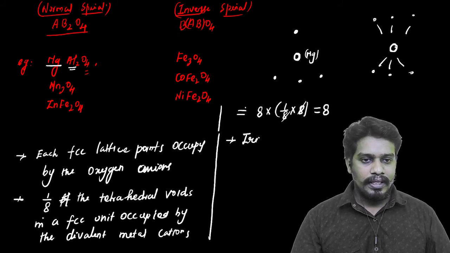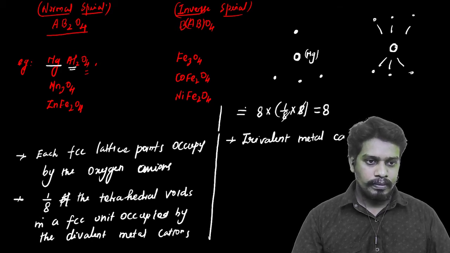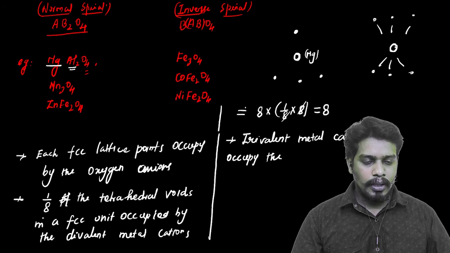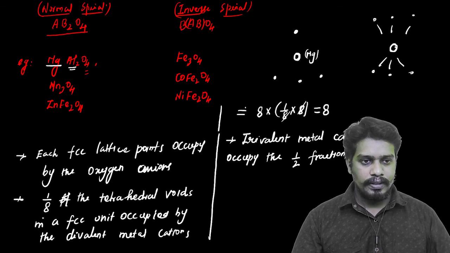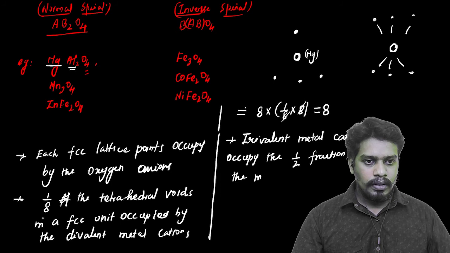The trivalent metal cation occupies the 1 by 2 fraction of the octahedral voids.